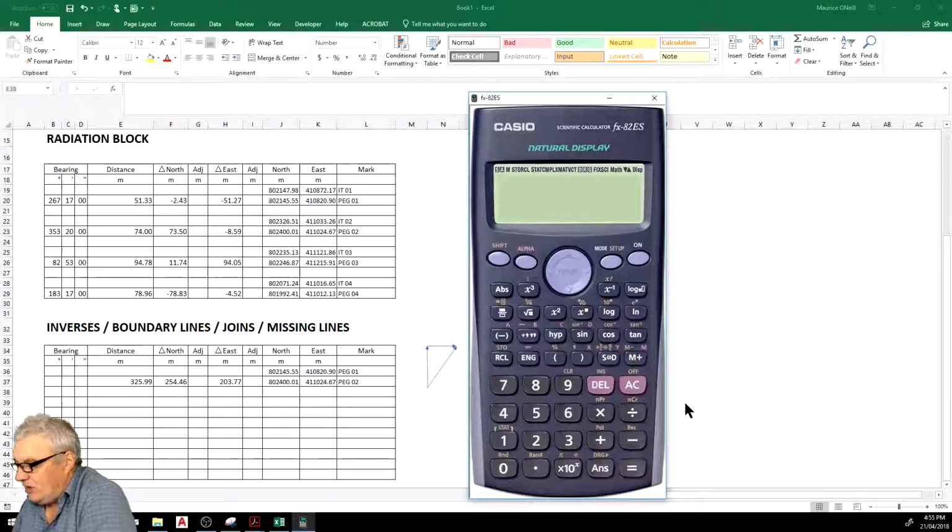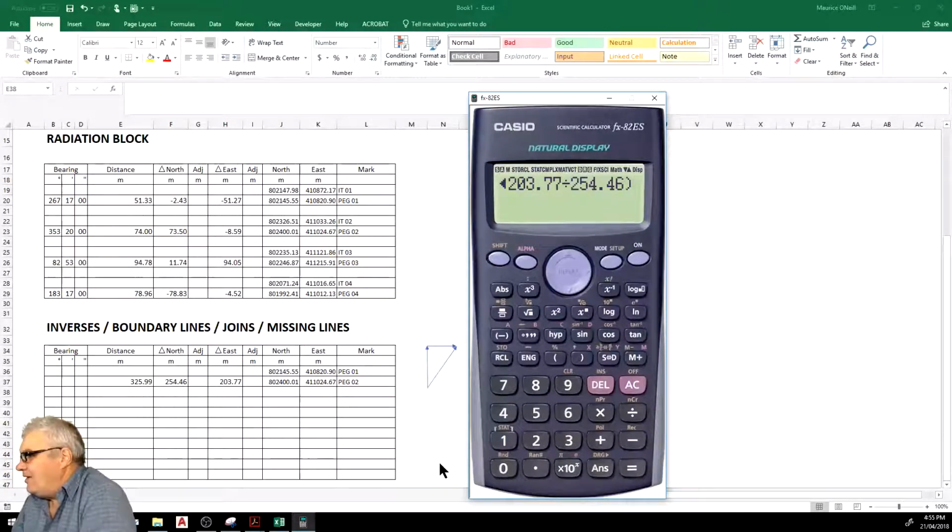So we need to work out the bearing. Now, that's going to be the tan. It's going to be the negative tan, so shift tan. And then it's going to be the easting, the difference east, which is 203.77, divided by 254.46.